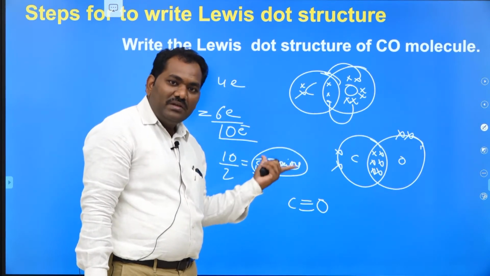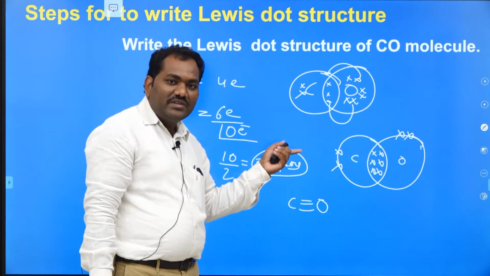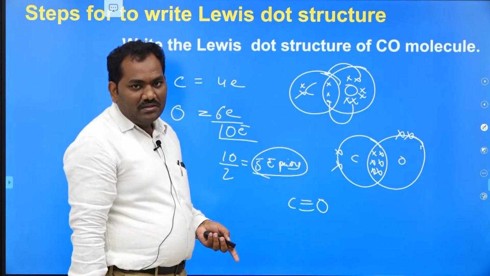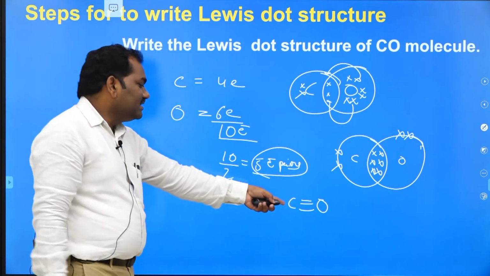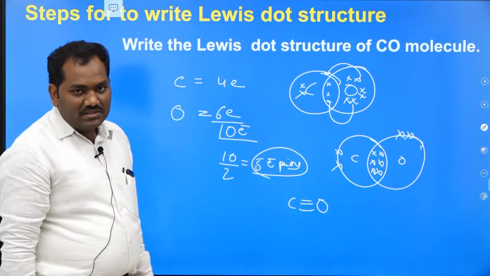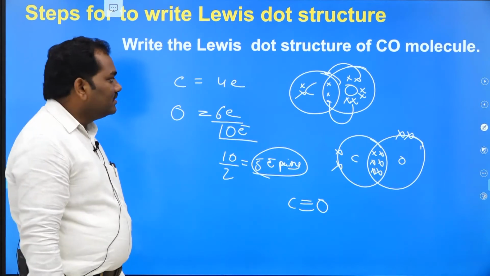If any atom doesn't attain the noble gas configuration, then shift the lone pair of electrons to form multiple bonds. Finally, this is the Lewis dot structure of the CO molecule. Okay, clear.